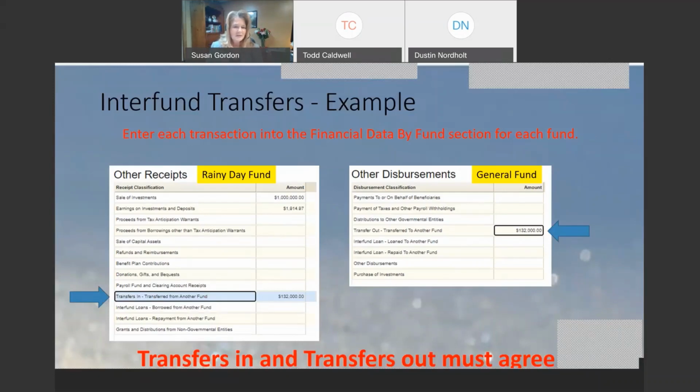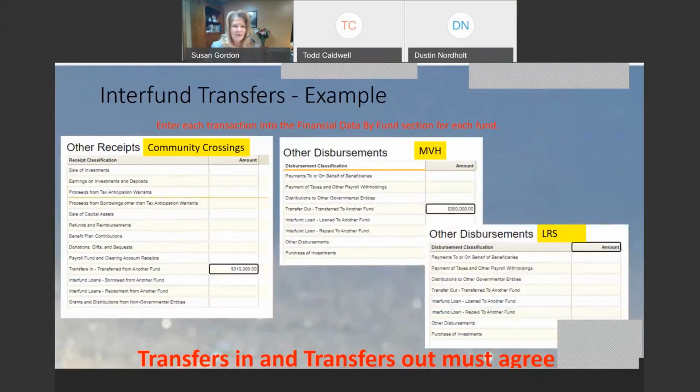It's important that your transfers in and your transfers out agree. Now with regard to the transfers to the Community Crossings grant, in the Community Crossings grant other receipts, I have $310,000 that has come in as a transfer in. And then other disbursements for MVH, I have my transfer out of $300,000.